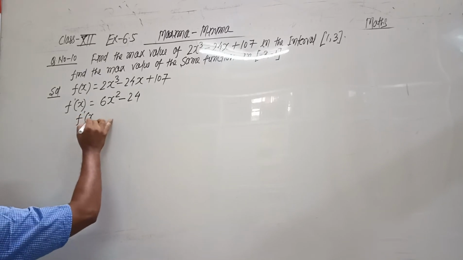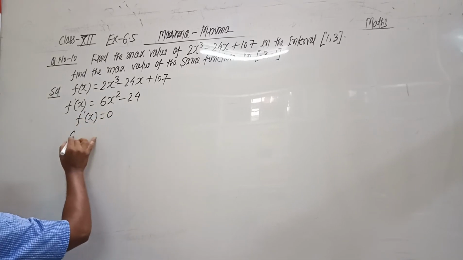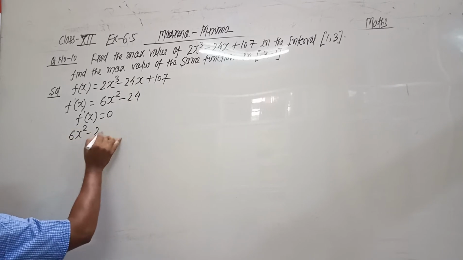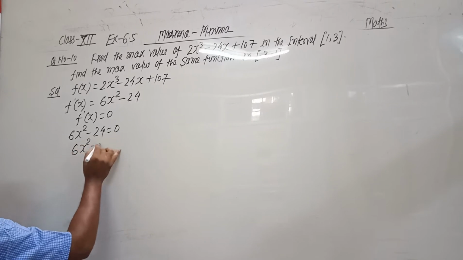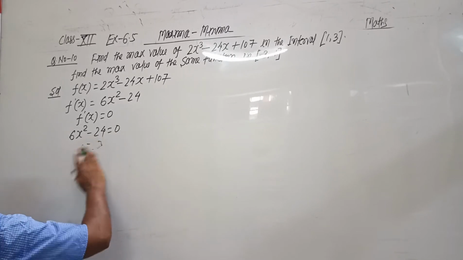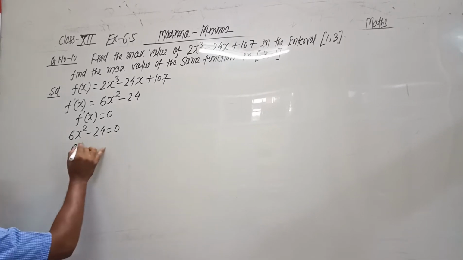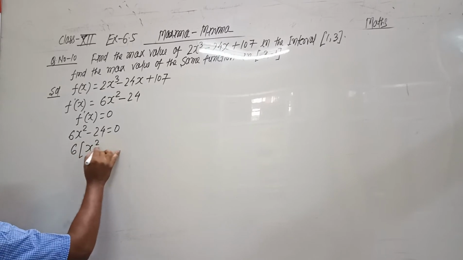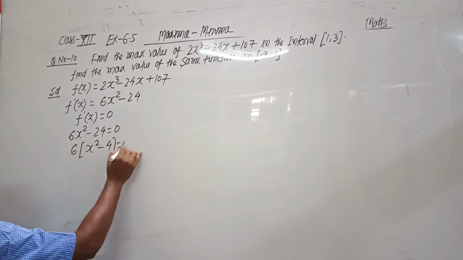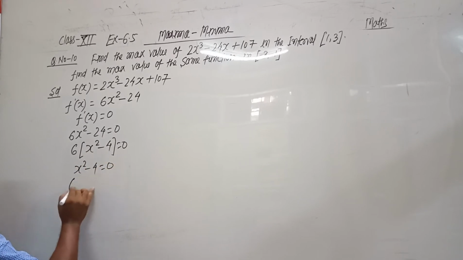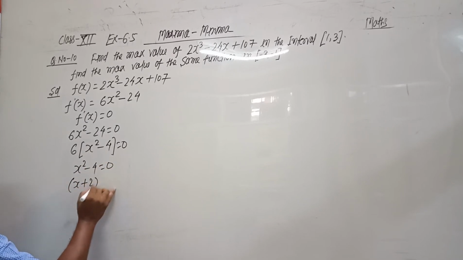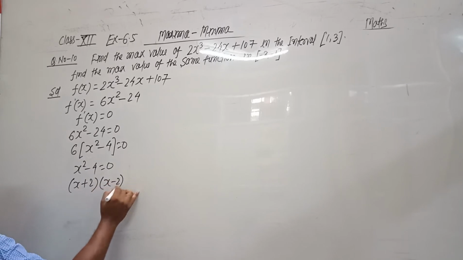Now make f dash x equals 0. So 6x square minus 24 equals 0, and 6x square equals 24. Or we can take 6 as common, so x square minus 4 equals 0, which can be written as (x plus 2)(x minus 2) equals 0.